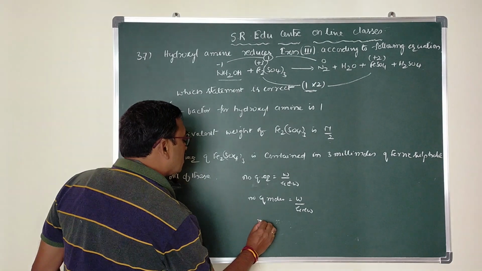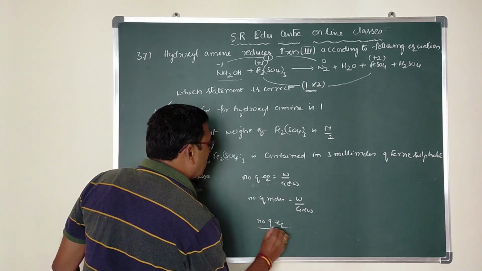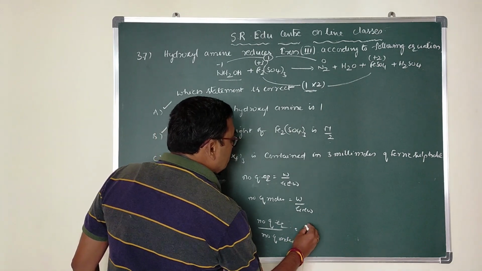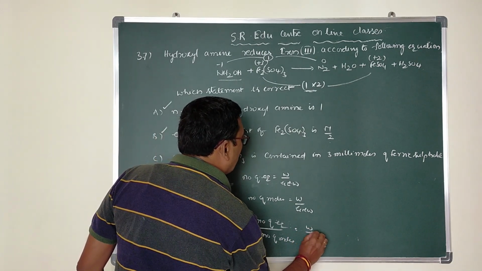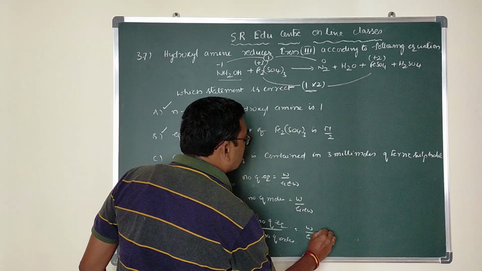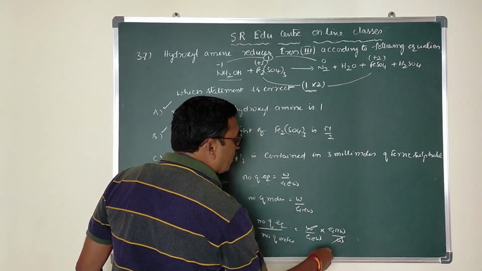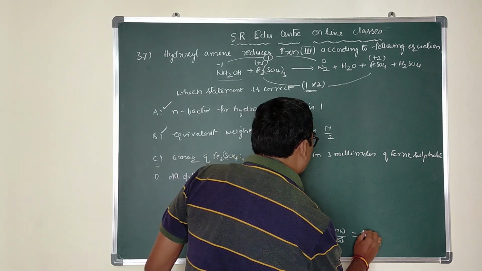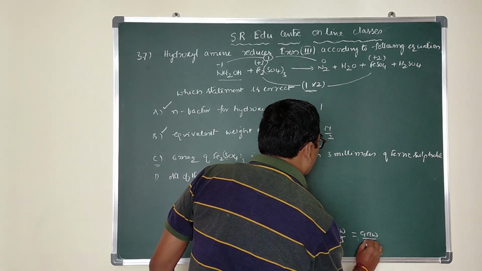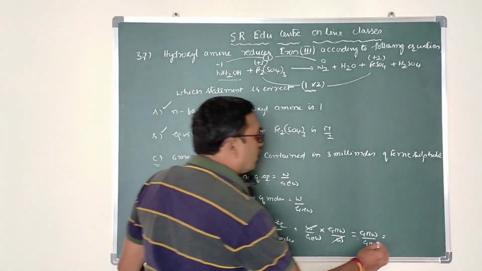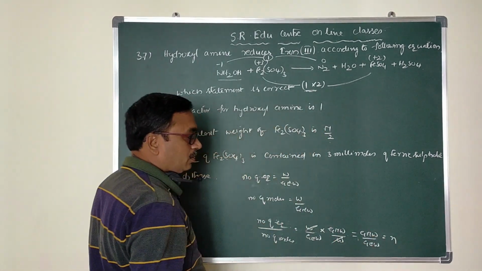From this, number of equivalents by number of moles is equal to weight by gram equivalent weight into gram molecular weight by weight. So W gets cancelled. This is equal to gram molecular weight by gram equivalent weight, which is nothing but n factor.